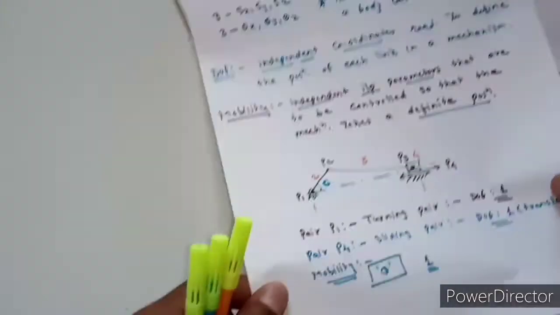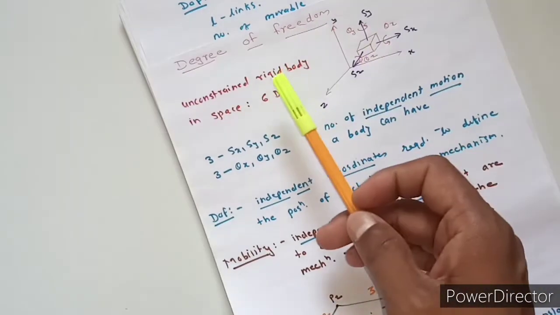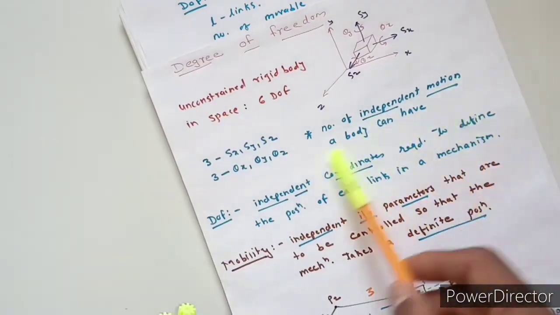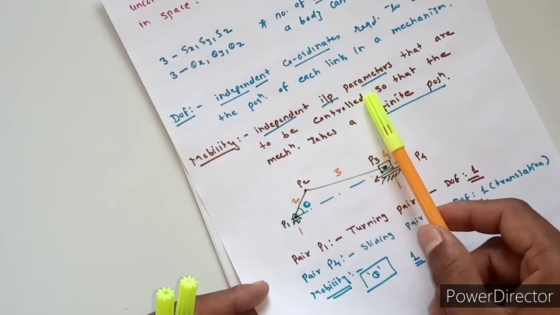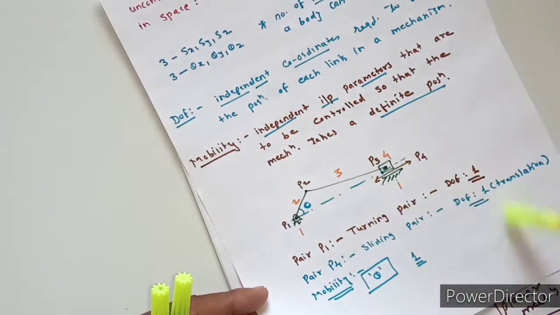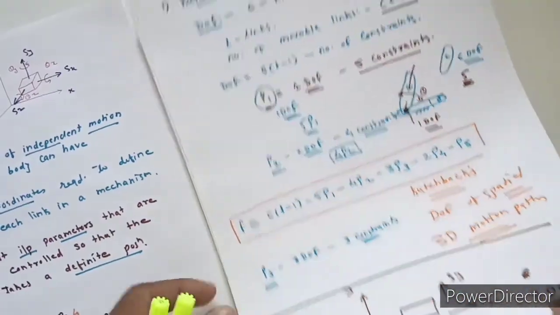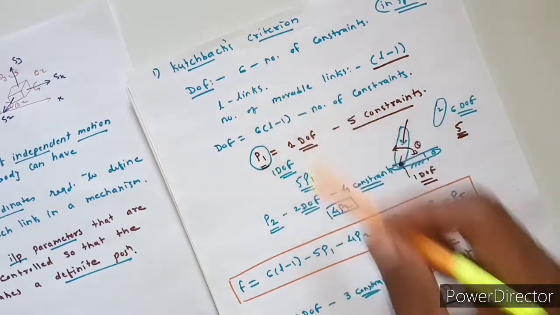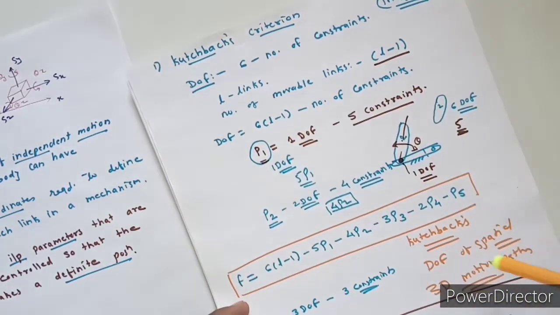So we have defined the degrees of freedom as the number of independent motions a body can have. We have defined the mobility as independent input parameters that are required to be controlled so that the mechanism takes a definite position. We have seen an example of slider crank chain. We have derived the equation for degrees of freedom in space.